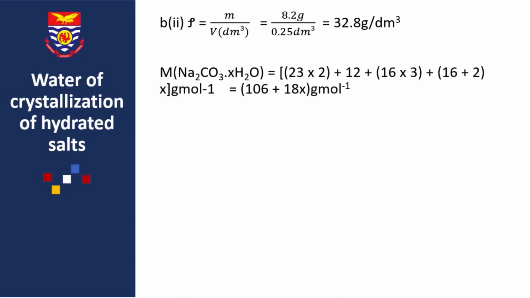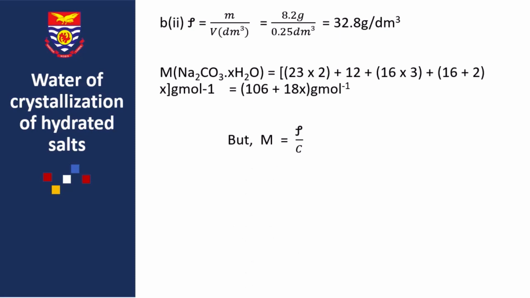For instance, if we wanted to use that relation, the molar mass here is 106 plus 18x grams per mole. How do we deal with x? It will be hard for us. That's why we have to find mass concentration using another relation.